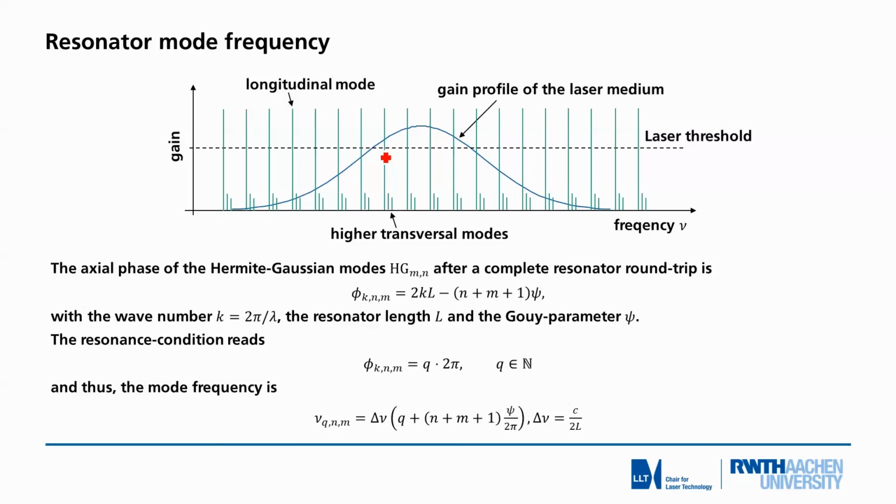As I said before, usually we have many modes under the gain curve. However, if you now look at the laser's threshold, so for a certain value we have enough gain in this amplification medium that the modes really will start to oscillate, and then everything which is above the threshold will result as a frequency of emission of the laser.